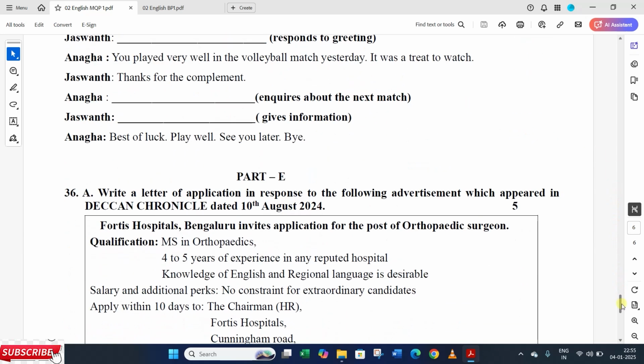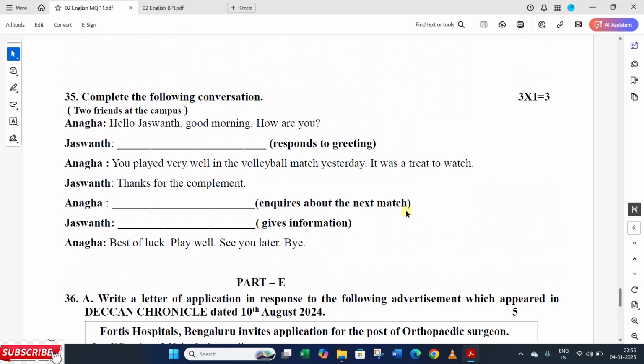Next we have question number 35, that is complete the following conversation, that is dialogue. Previously it was for 4 marks, now they have given it for 3 marks. There are 2 friends at campus. Now you will find 3 blank spaces. After each blank, in brackets, you will find a kind of hint, a suggestion, of what we have to write.